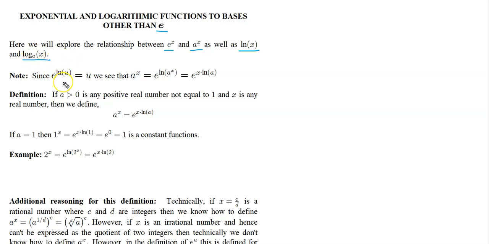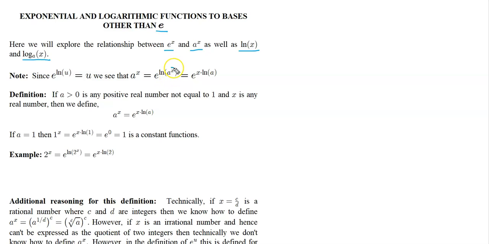Now, to start, let's recall this. Recall that e to the natural log of u equals u. That's a property that the natural exponential and logarithmic functions have, since they're inverse functions of each other. And so we see that if we think of a to the x as being some number, it has the property that a to the x equals e to the natural log of a to the x, that same number.